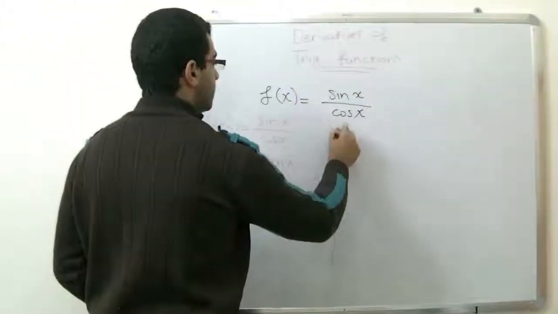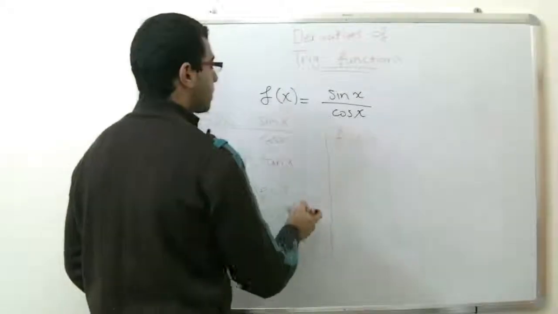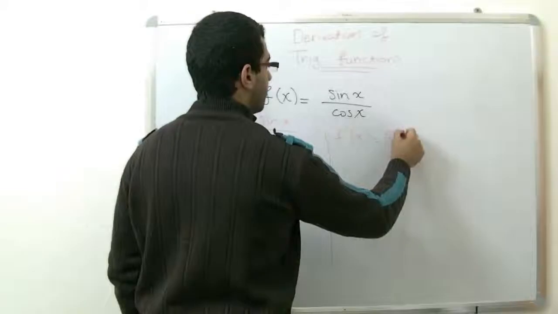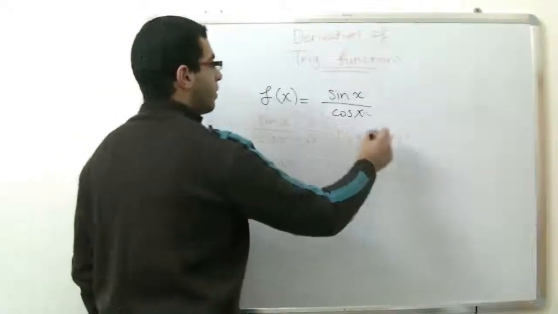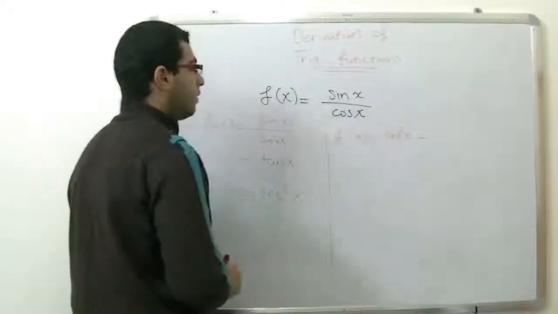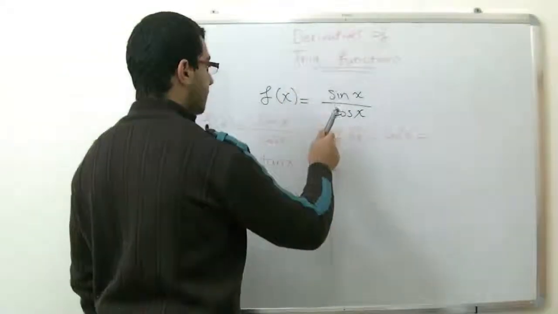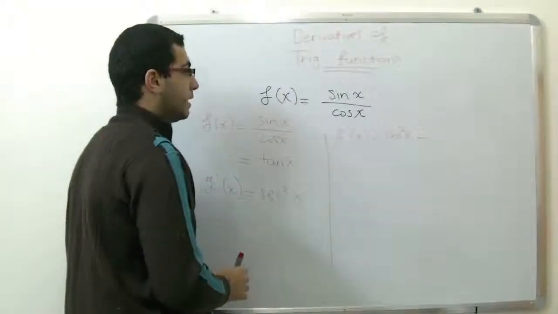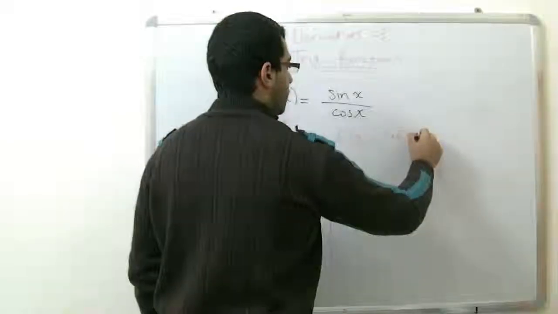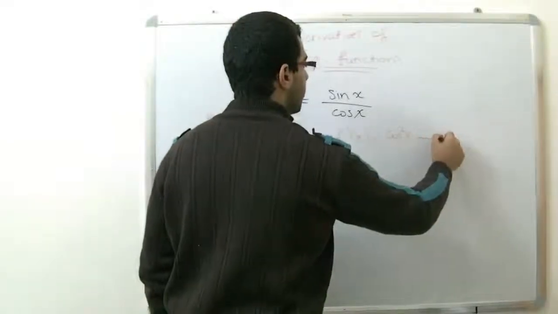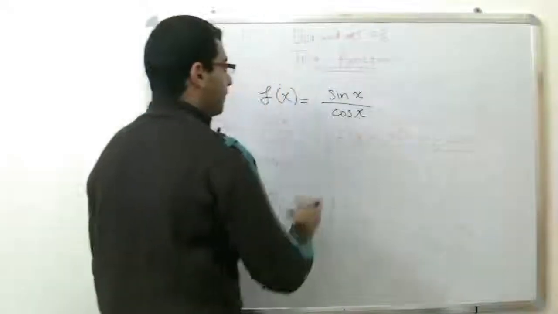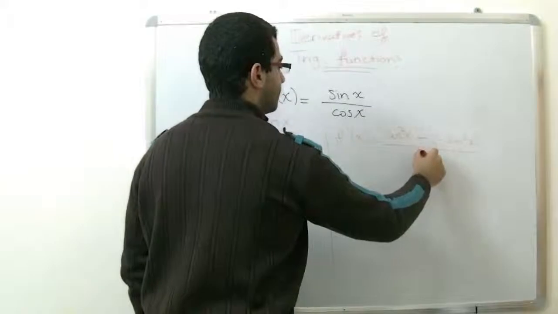So f dash x at that time will be, again, the derivative of the first, cosine x, multiplied by the denominator, so we get cosine square x, negative the derivative of the denominator, which is negative sine x, multiplied by the numerator, so we get negative sine square x, over cosine square x.